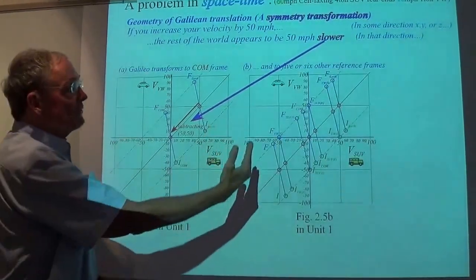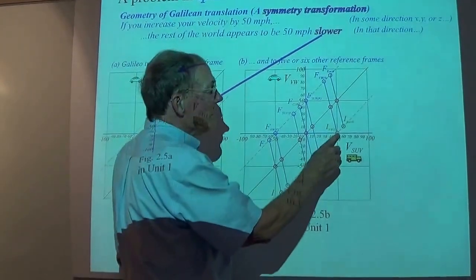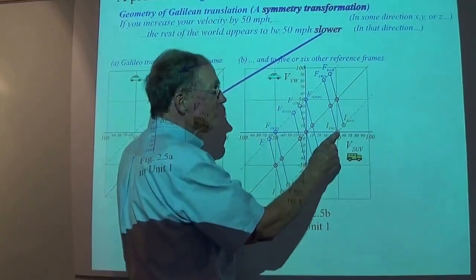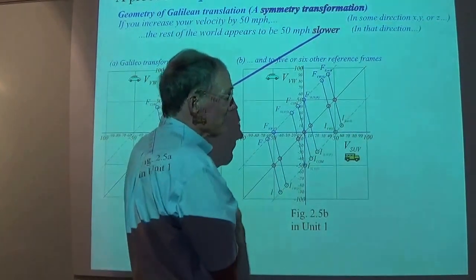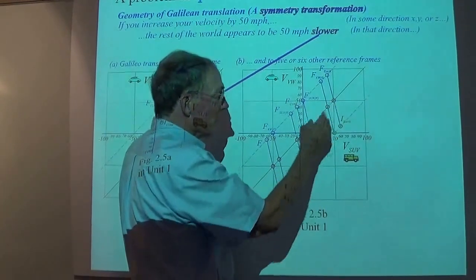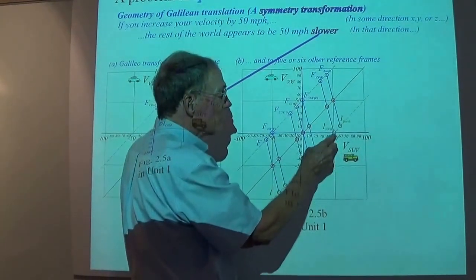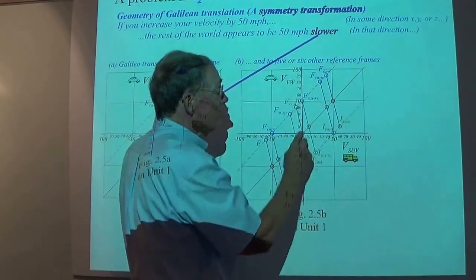Here are a whole bunch of possible frames. This is a frame where the initial Volkswagen is sitting still. I came down 10 miles an hour to be in it. So I'm talking about 50 miles an hour here. The VW is 0.